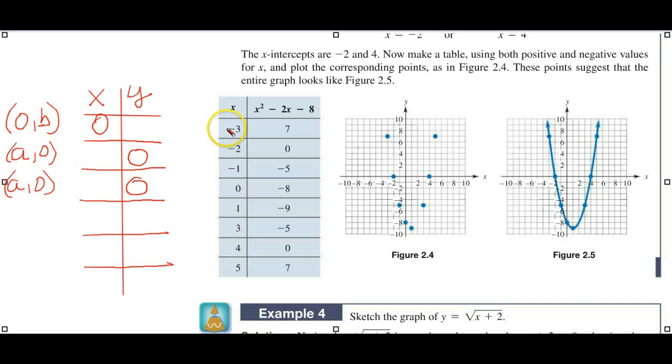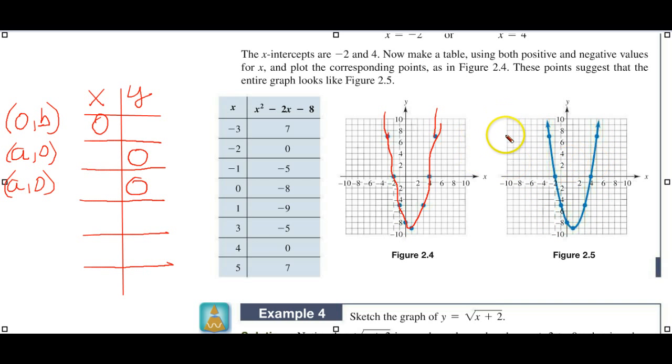Well, you want to put some negative values for x. You're going to put a 0. And you put positive values for x too. Spread them out a little bit so that you start to get enough points so you can sketch your graph in there. Now the nice thing about MATLAB is they do it very well, but see how nice and smooth that one is.